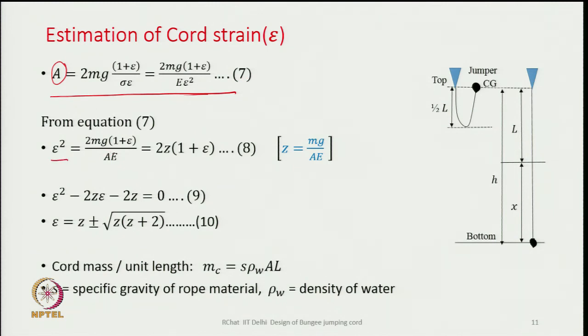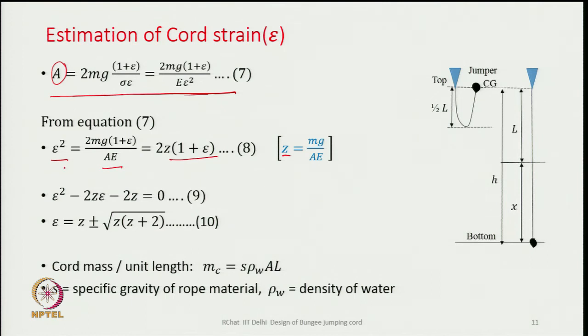epsilon square is 2 mg (1 plus epsilon) by AE, the same equation. Now what are we doing? We are replacing mg by AE by Z, and it becomes 2 Z into (1 plus epsilon).